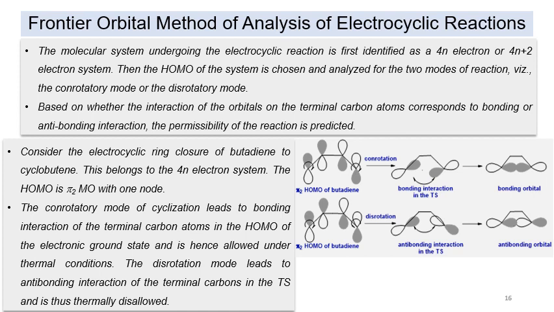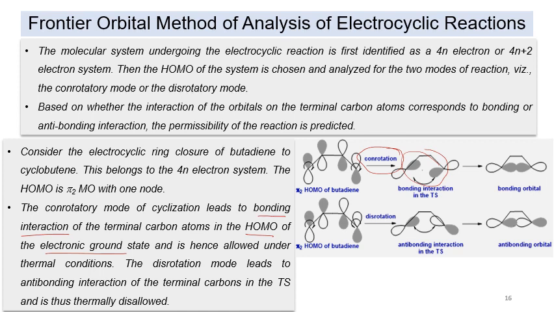In the conrotatory mode of cyclization, it leads to a bonding interaction in the transition state at the terminal carbon atoms in the HOMO of the ground state. Okay, this is very important. And therefore, since this is a bonding interaction, this conrotatory ring closure is thermally allowed. That means it is allowed in the electronic ground state.